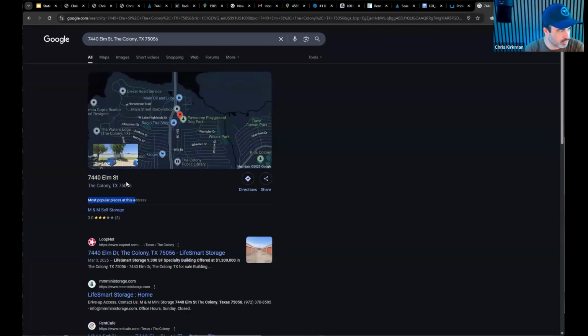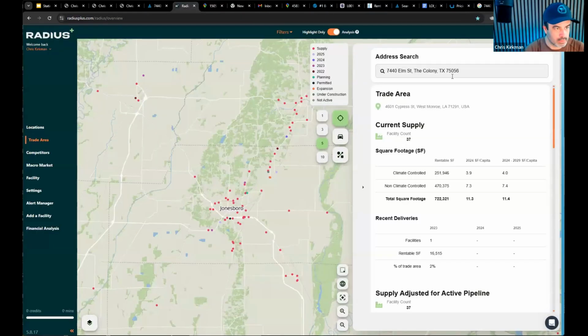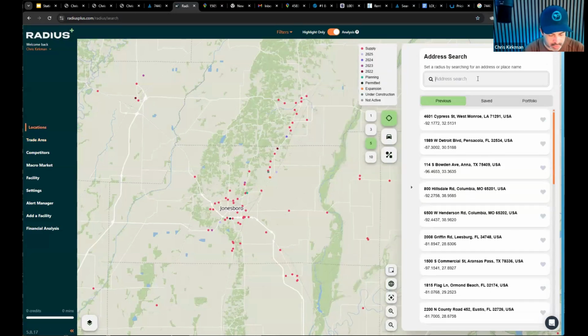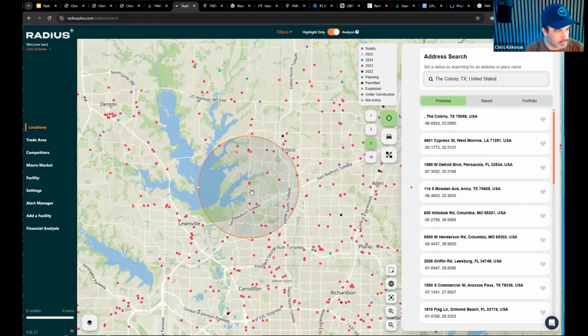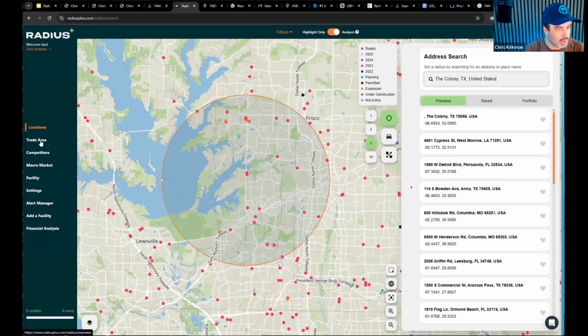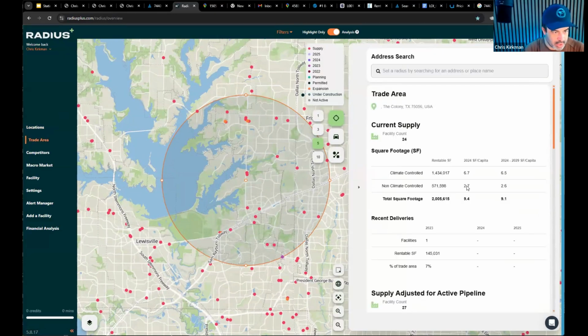Elm Street, the Colony, Texas. It's not coming up. Just go to locations here and see if this comes up. Okay, we're just looking at this area, but that facility was not coming up. Wow. Okay, 5 mile radius, 2.7.